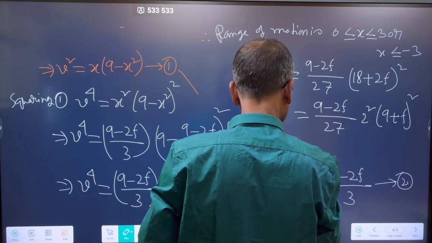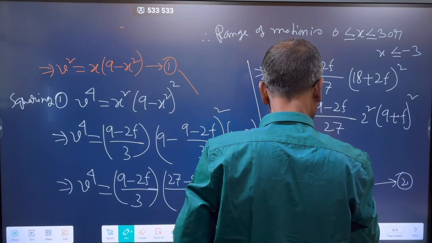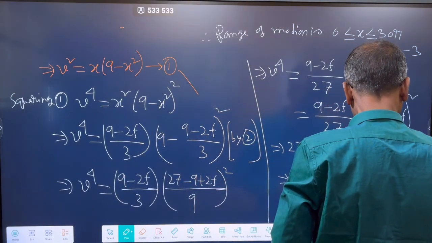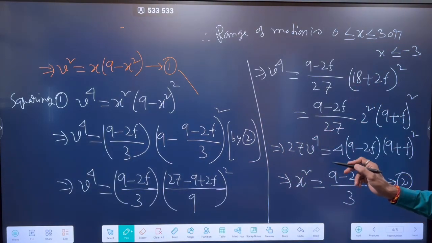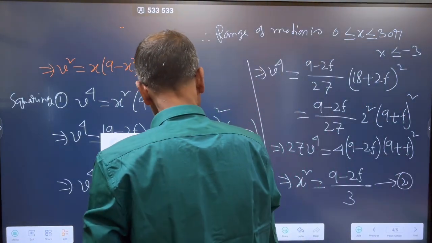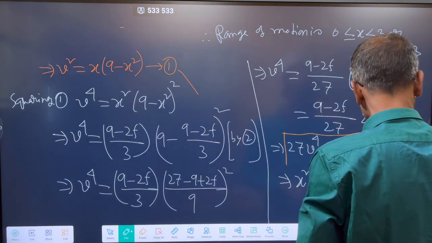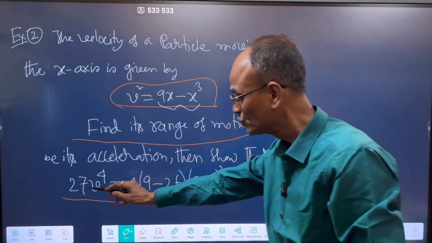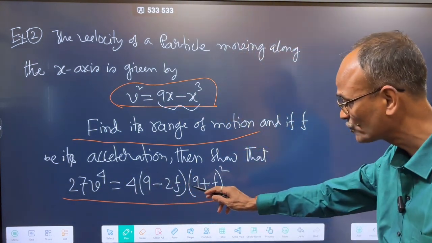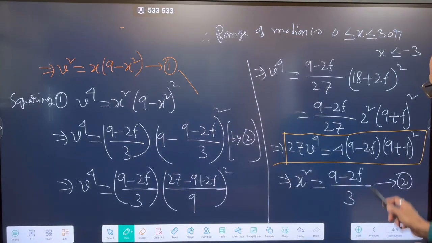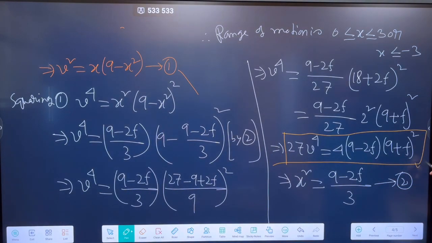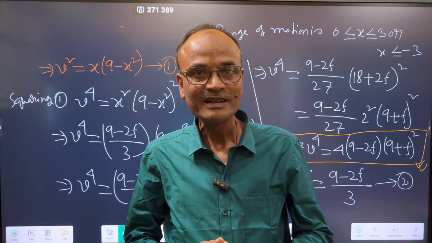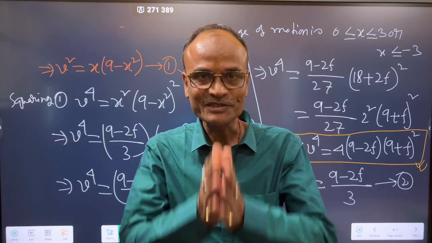Take 27 to the left side: 27 v to the power 4 equals 4 into 9 minus twice f into 9 plus f whole square. We have got this one. What was asked? 27 v to the power 4 equals 4 into 9 minus twice f into 9 plus f whole square. Therefore, we have proved this one. We have solved 2 problems today. Thanks for attending the class. Thank you very much. Namaskar.